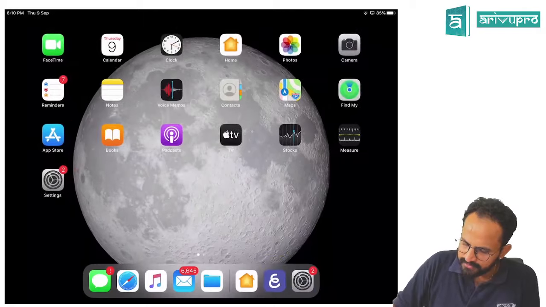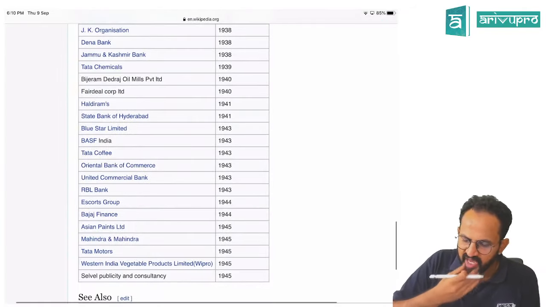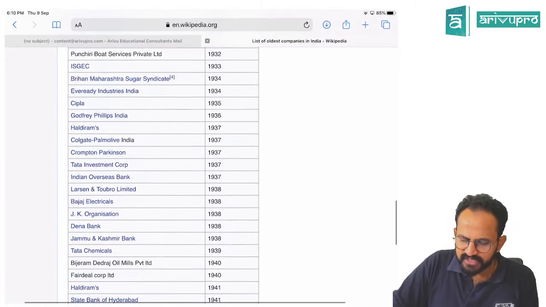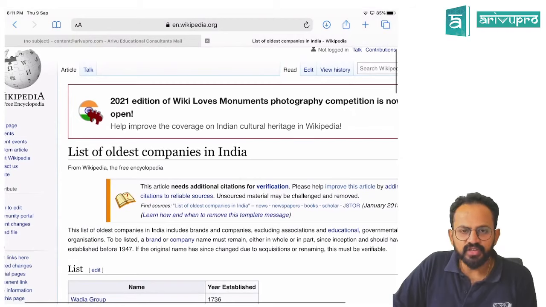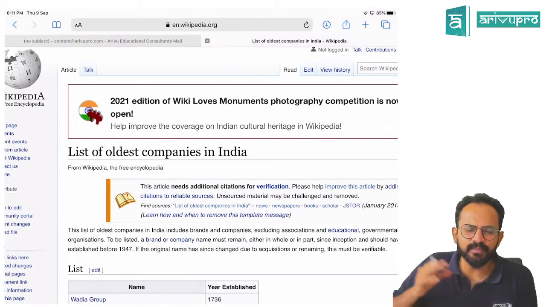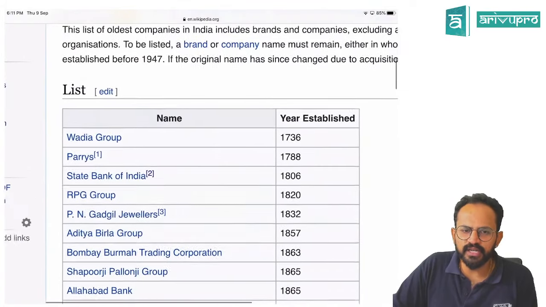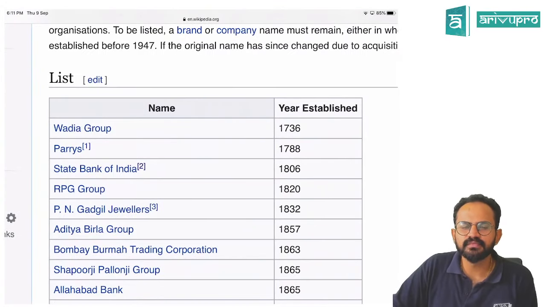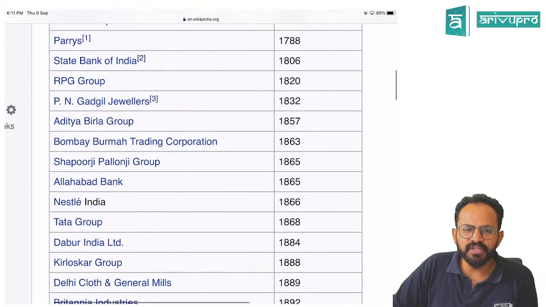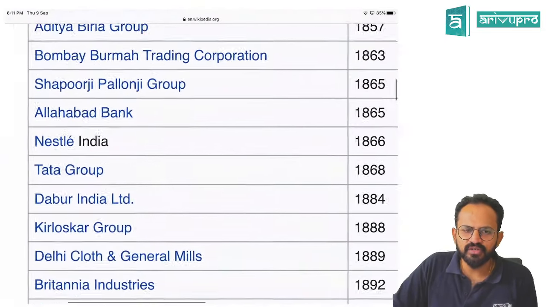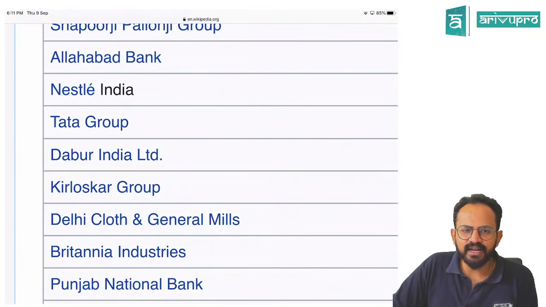Okay, people, I just got a list of the oldest companies in India for you. I have not made this, it is from Wikipedia. Can you see this? Oldest companies in India. Probably the ones which you would know: Nestle, Tata, Dabur.